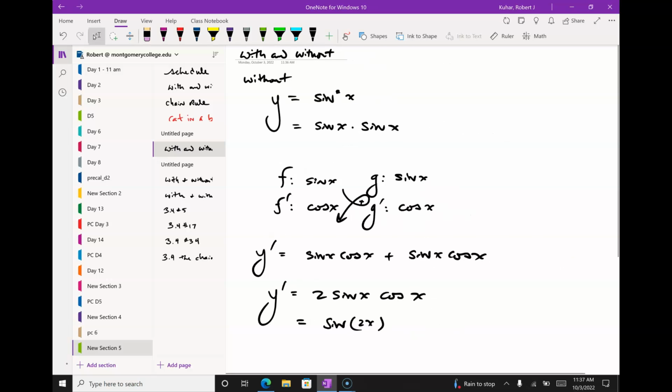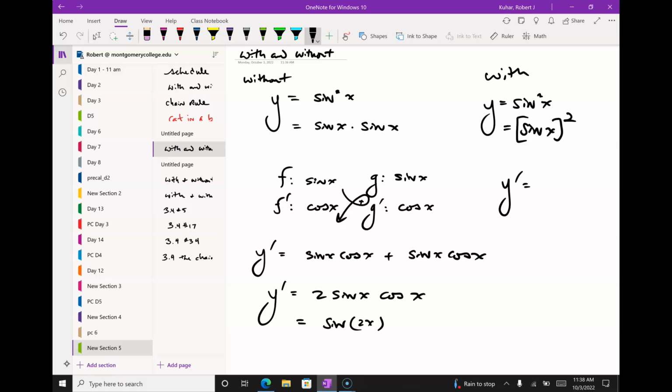All right, let's do it with now. So that was without, now with. Y equals sine squared x is the same as me saying sine of x quantity squared. So what's our derivative of the outside function? Something squared.